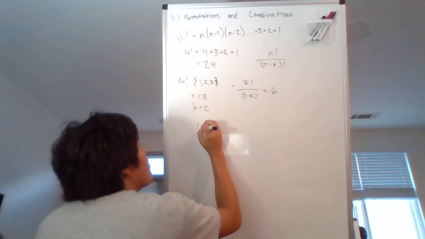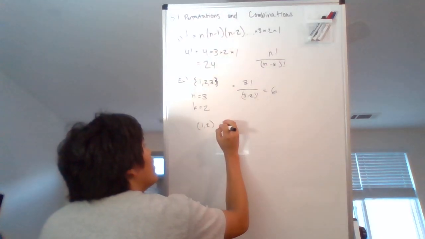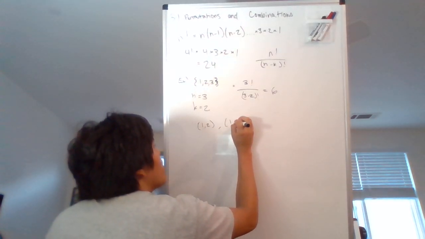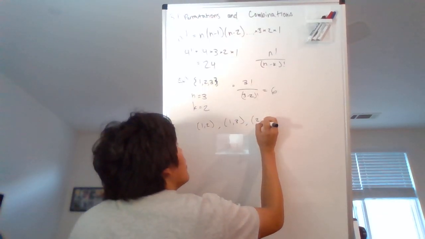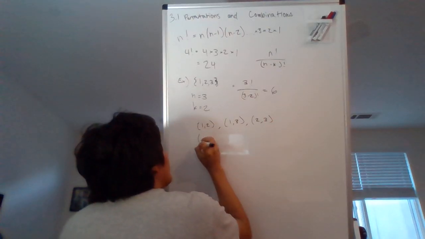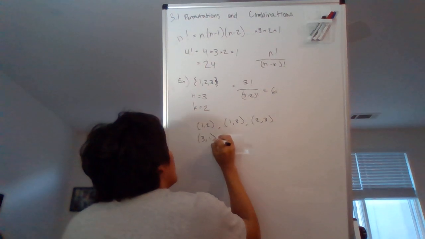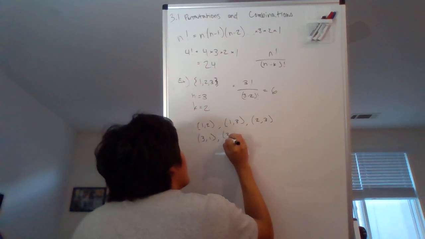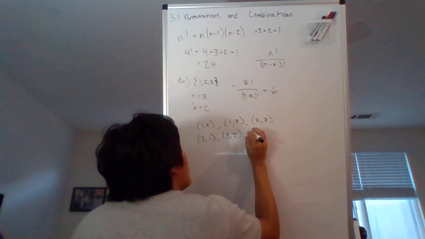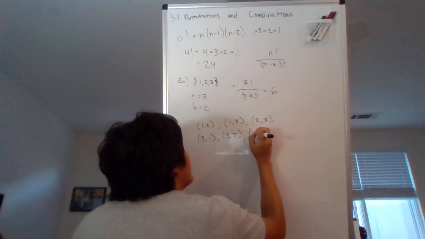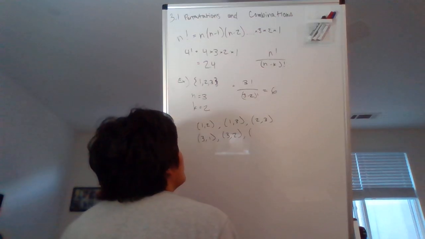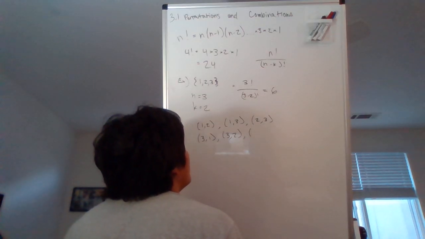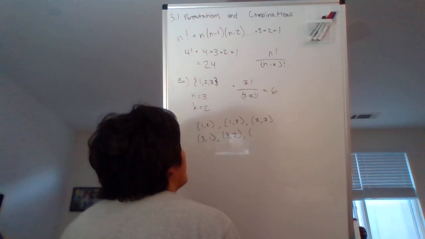That means we can make the subset 1 and 2. We can make the subset 1 and 3. We can make the subset 2 and 3. We can make the subset 3 and 1. We can make the subset 3 and 2. And we can make the subset 2 and 1.